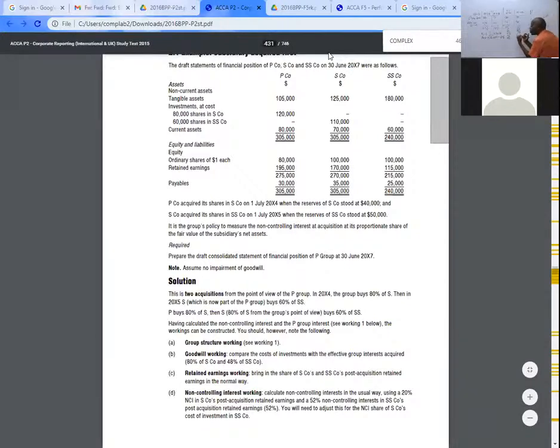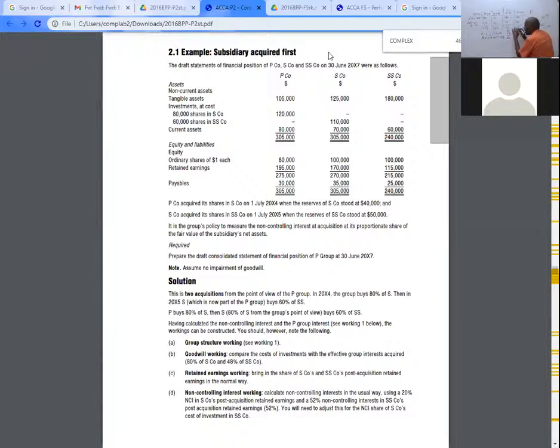meaning that as we are looking towards giving NCI their share, we must remember that there is some money we paid for them, which we need to come and deduct here, 22. So in this case here, we have the investment paid by P group on behalf of the subsidiary, on behalf of NCI, 22.